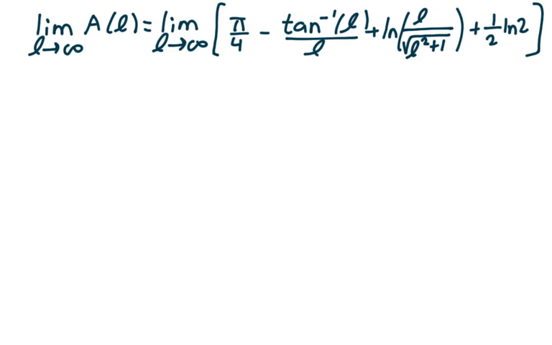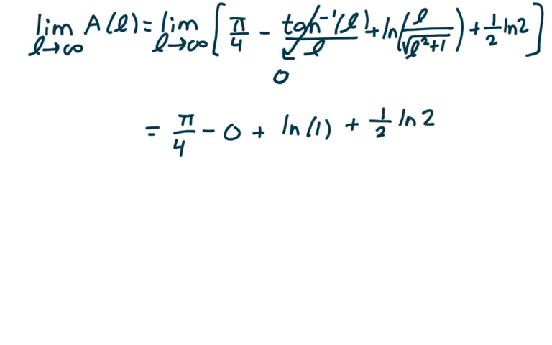Now, I also claim as L goes to infinity, arctangent of big is going to approach pi over 2. So this second term is going to go to 0. Okay? And so this is pi over 4 minus 0 plus natural log of 1 plus 1/2 natural log of 2.